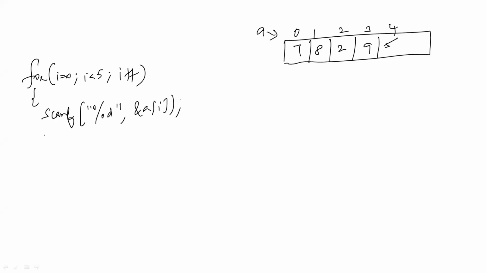Because of this, this has happened internally. A of 0, 7 has been stored. I gave 7, it went and stored there. A of 1, 8, A of 2, 2, A of 3, 9, A of 4, 5.